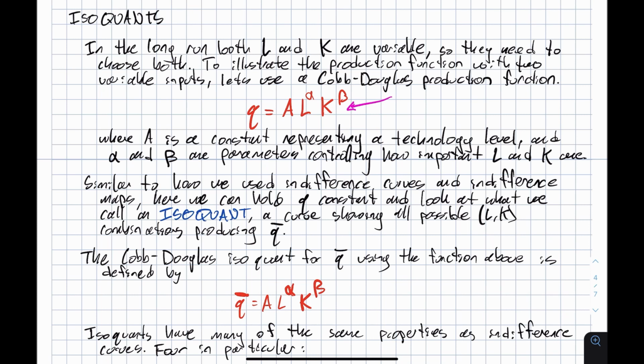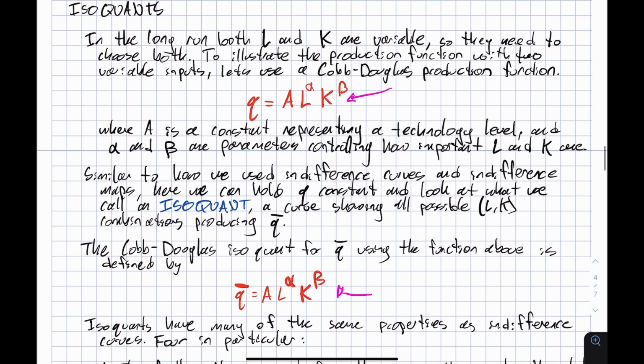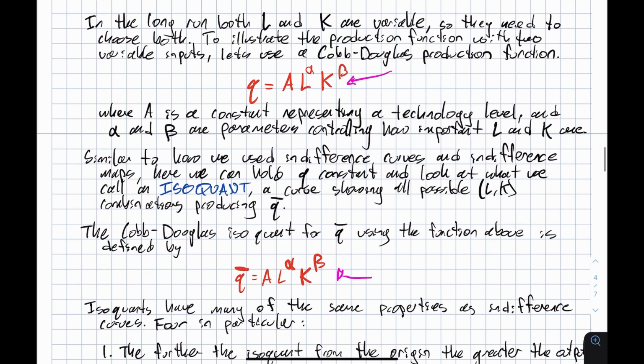We're saying, using some production function, we're going to choose some given quantity, Q bar, where we can vary our inputs, but we're holding this quantity constant. This tells us the relationship between the inputs to give us Q bar.